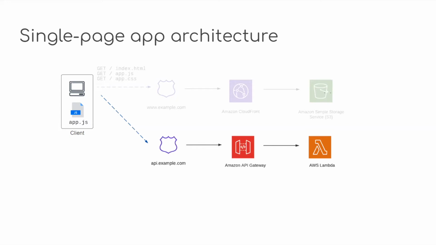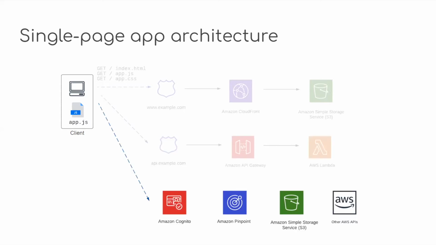The actual state transfer happens through API Gateway with Lambda. With this architecture, I don't need an app server to handle all the backend logic.